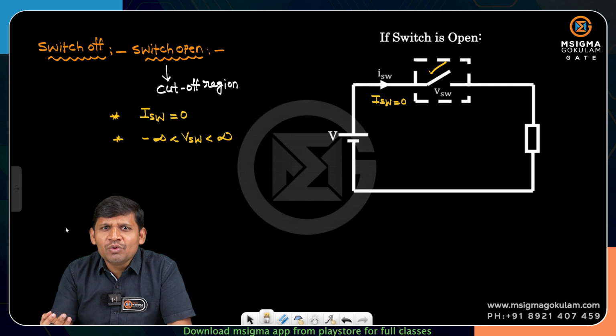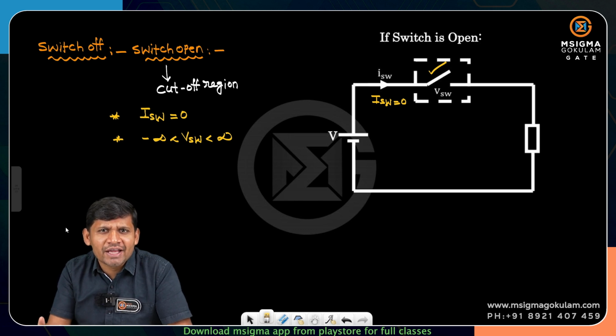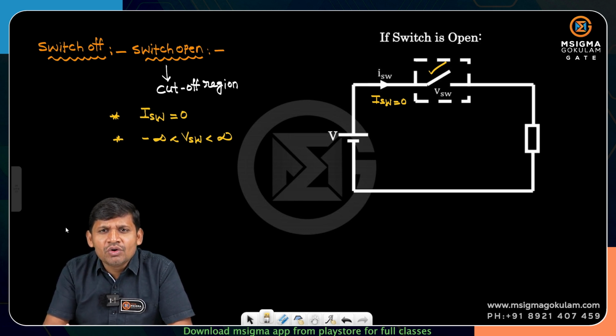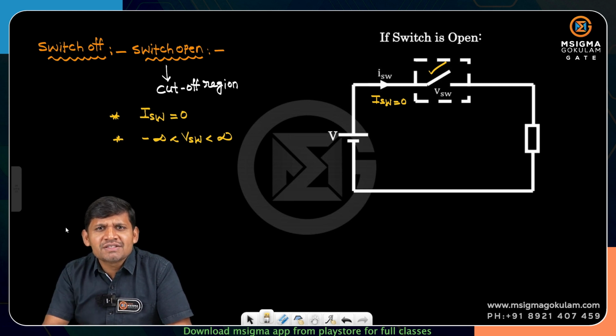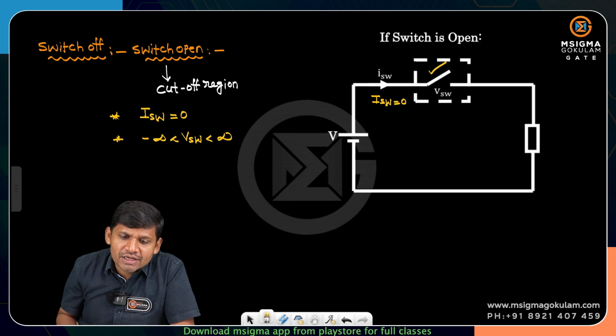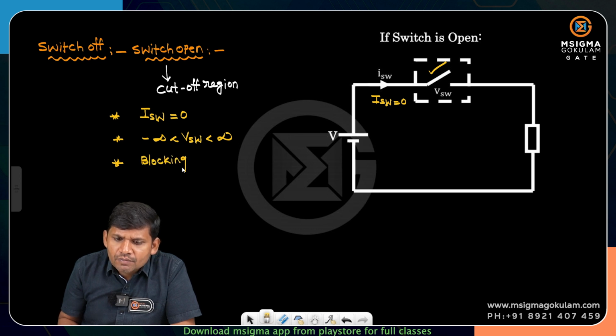Only if both current and voltage exist do power losses take place. But here the current is 0 and only voltage exists, so the power loss is 0. What type of power loss is this? The switch is in the off state, so those losses are called blocking losses. That's why in an ideal switch, the blocking losses are equal to 0.